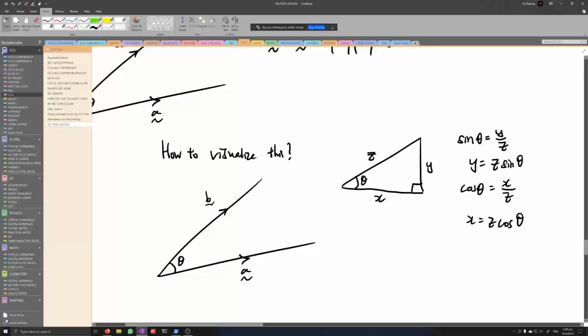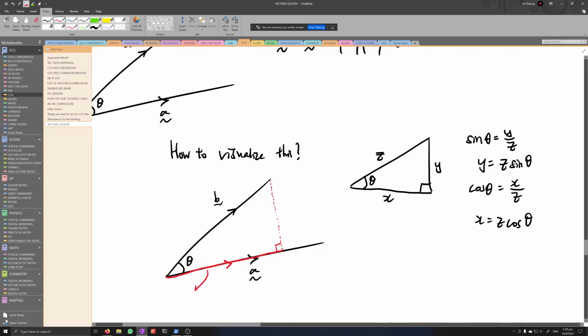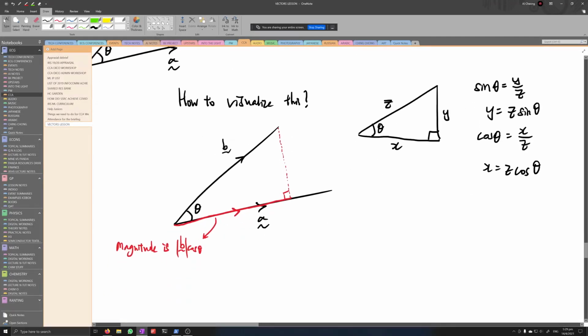So if we were to bring that logic here, if we were to drop a right angle triangle down here, this will mean that the magnitude of this vector will be b cosine theta, by applying the same logic.